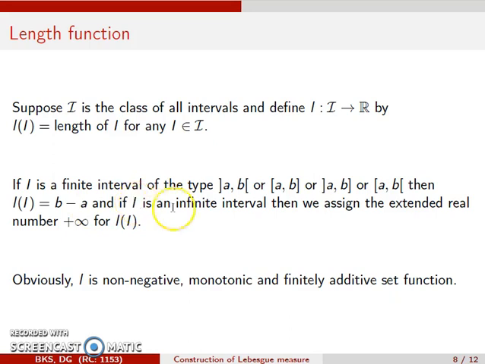And if I is an infinite interval, then we assign the length of that interval to be equal to plus infinity. So we can easily see that L is a non-negative, monotonic and finitely additive set function.